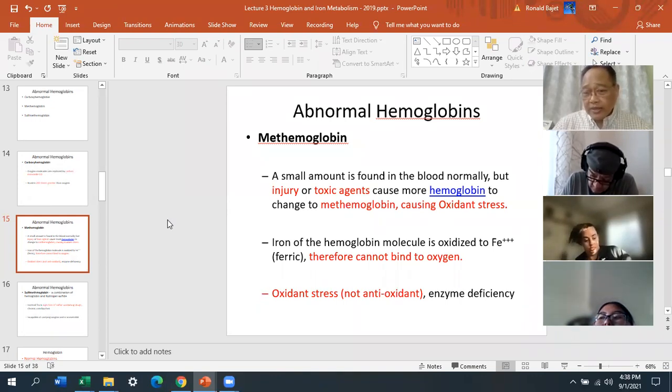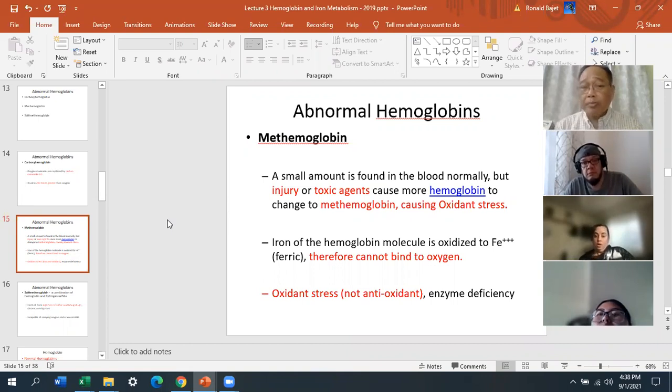When it unloads the CO2, it's not going to be converted to ferrous. It's going to stay in the ferric form, so it's not going to bind to oxygen. Hence that statement there, it cannot bind to oxygen. So in the lungs, it can't bind to oxygen. At the tissues, iron bound to oxygen is in the ferric form, so it's not going to release oxygen.